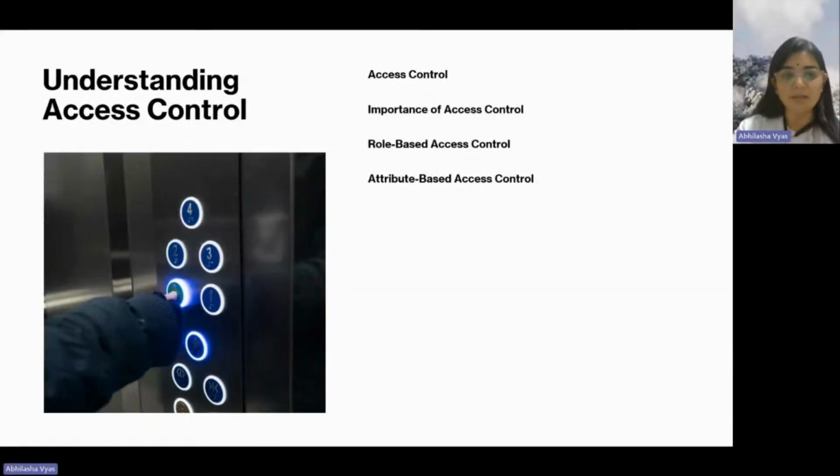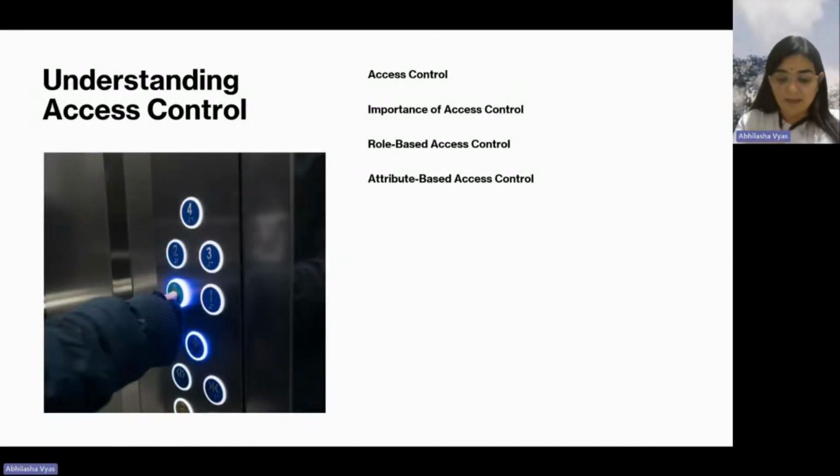Now let's understand these two important terms which I've mentioned on the slide: role-based access control and attribute-based access control. When we say role-based access control, we are creating a control model which grants access based on predefined roles and responsibilities.